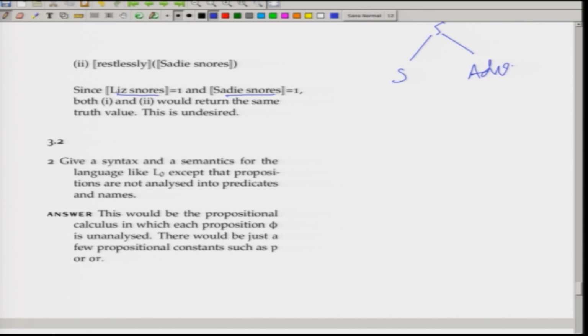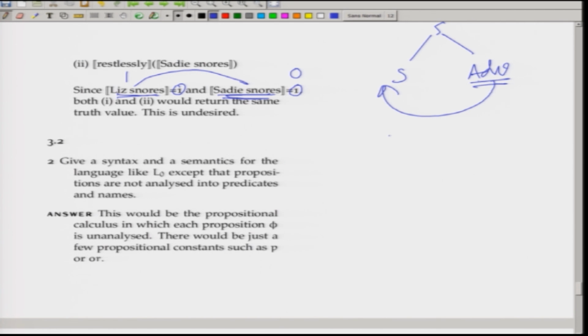It will not differentiate between two different sentences like Liz snores and Sadie snores, and it will assign the same truth value to both, which is not desired. It should assign 0 to Sadie snores and 1 to Liz snores. But because of this structure, this is a bad construction.